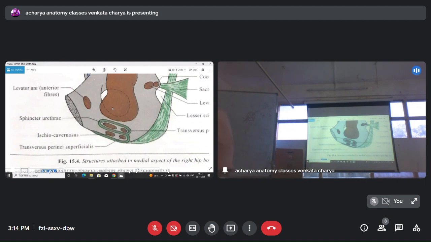First, superficial perineal pouch consists of the ischio-cavernous muscle and the transverse perineae superficialis muscle.